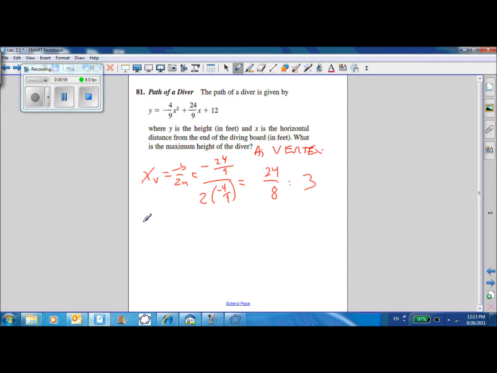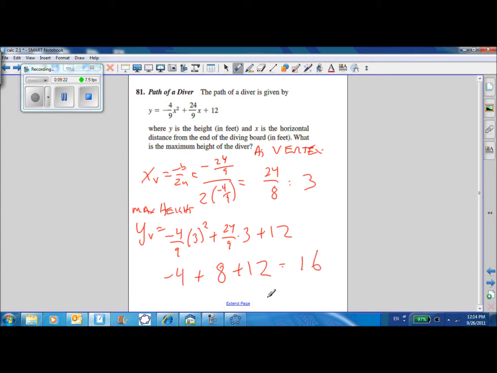So the max height would be the y-coordinate of the vertex, which will happen at negative 4 ninths times 3 squared plus 24 ninths times 3 plus 12. So we get negative 4 plus 8 plus 12. 20 minus 4 is 16. So the max height of 16 feet for the diver.